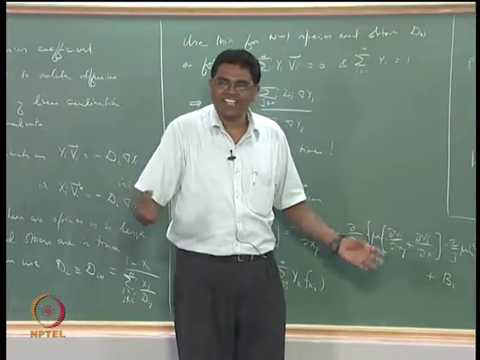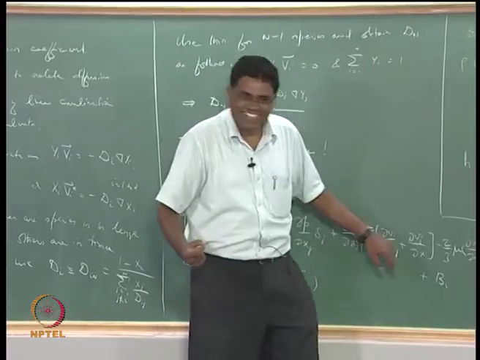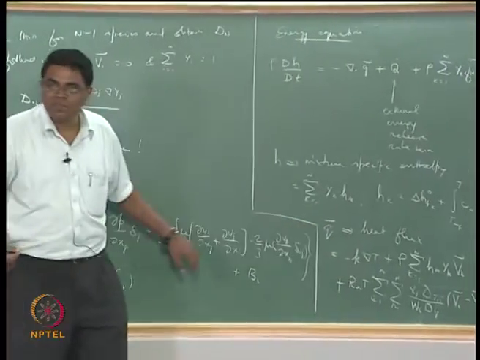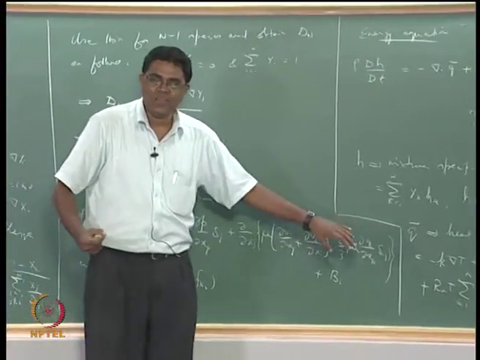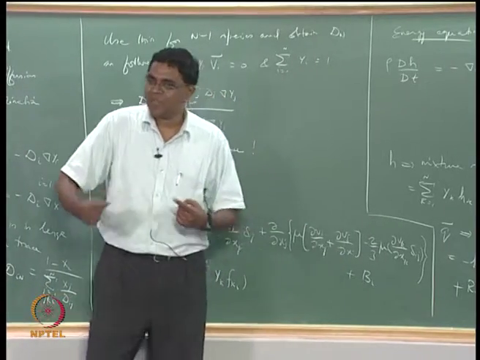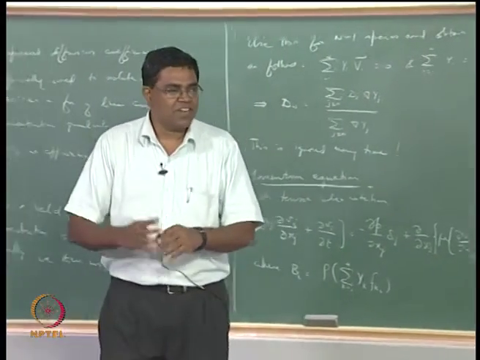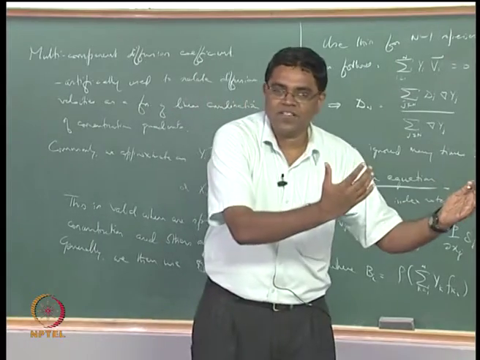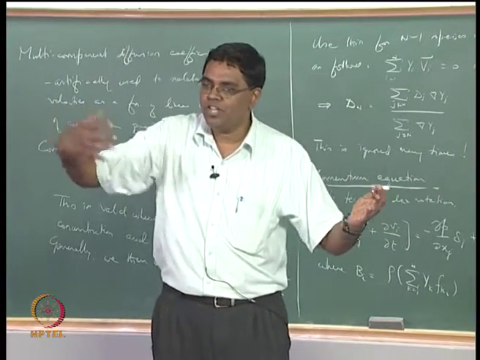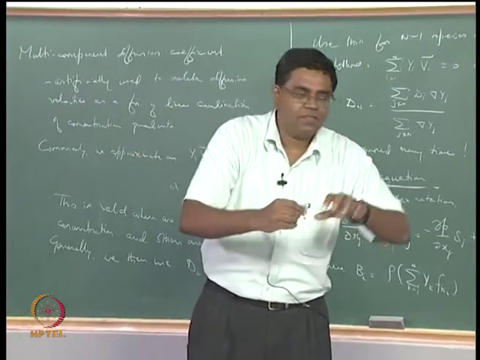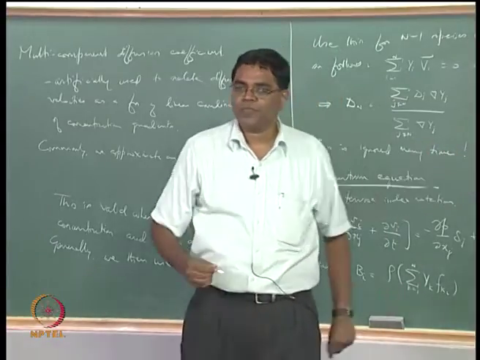Actually we don't know this, and it is changing from point to point and time to time, because the composition is changing as we go from fuel and air to lots of intermediate stuff and then finally some products.